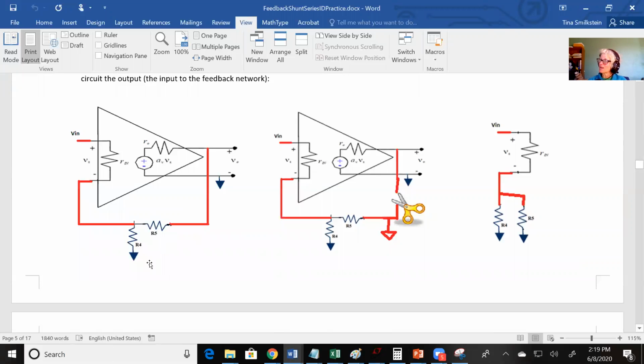The gain is less than 1. It's R4 over R4 plus R5. But you can still treat this as a gain component. I'm going to keep this really fuzzy, actually, and then I'll make another video that goes through this step by step.